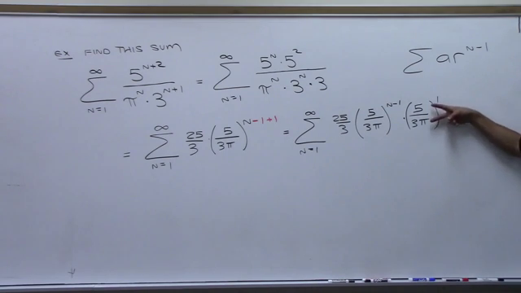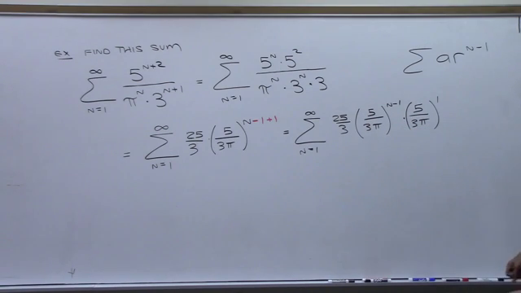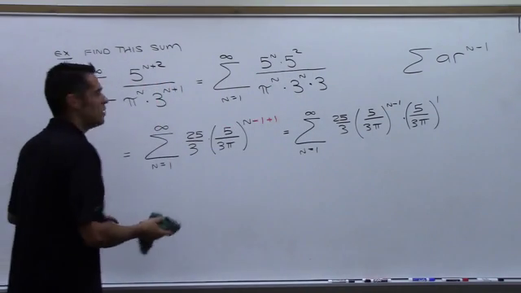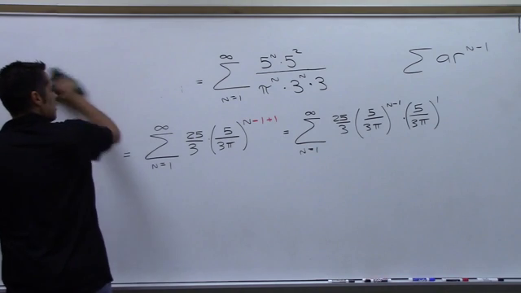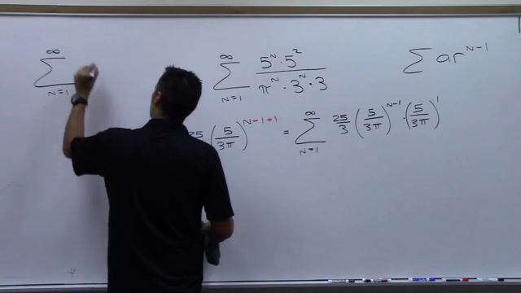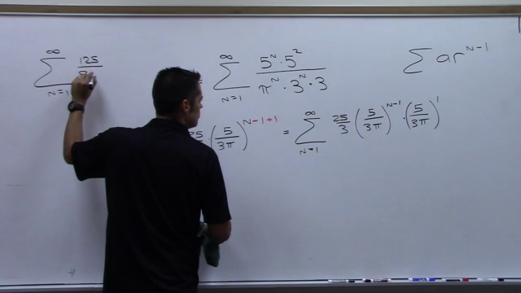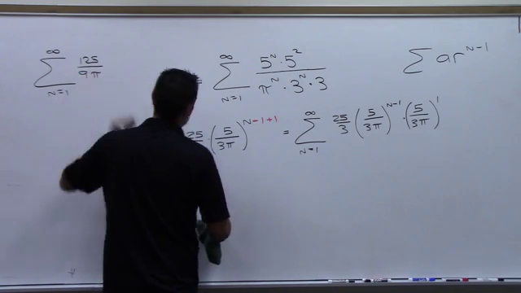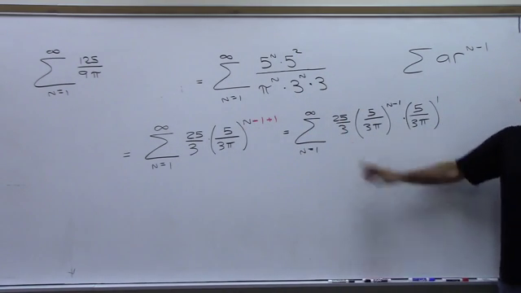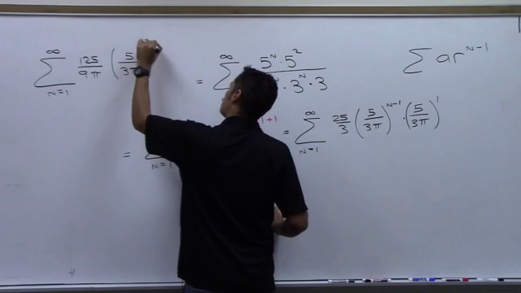And then what I can do is take this, which is now just a constant, and put it out here with the other constant I had. 125, sum n equals 1 to infinity. 125 over 9 pi squared. No, there's only 1 pi, right? This one didn't have a pi in it, right? So 9 pi, and then 5 over 3 pi to the n minus 1.